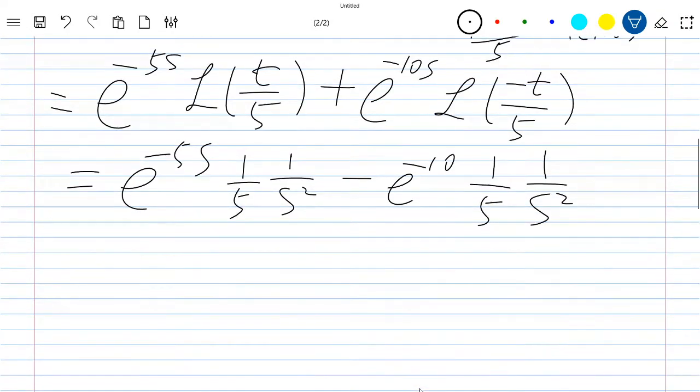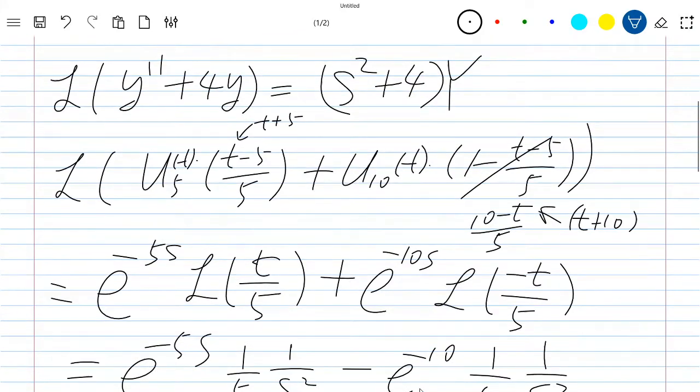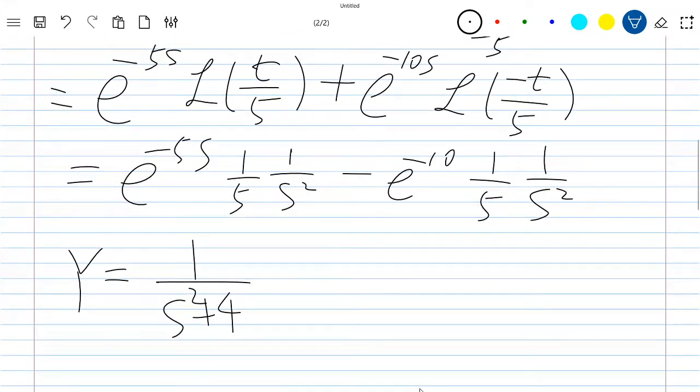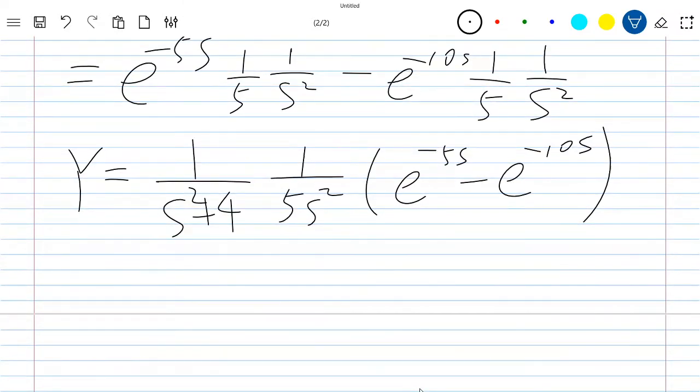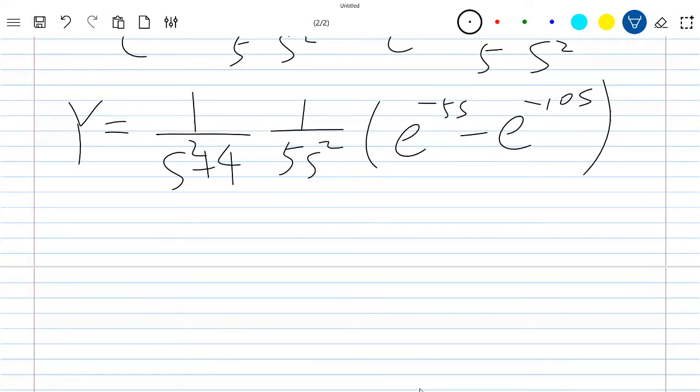Alright, so let me put together. Our capital Y must be 1 over (s squared plus 4), right? Then you have 5 s squared, then e to the negative 5s minus e to the negative 10s. And this is a product, so we have to write down partial fractions.